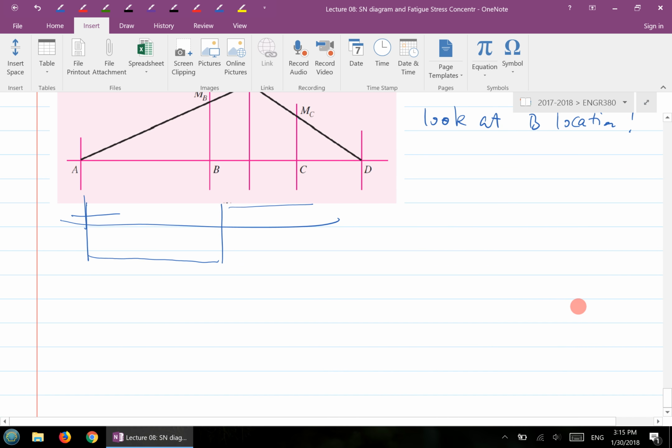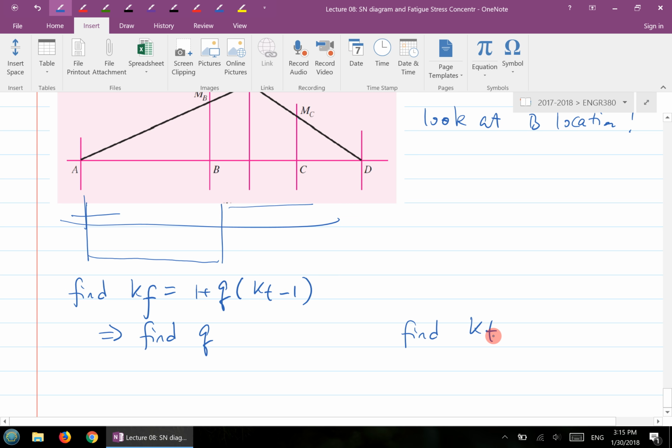First we can find the Kf. Kf is 1 plus q(Kt minus 1), because there is bending moment and no torque, so we're only looking at q, not q shear. Finding this formula means finding q and also Kt. You need to find these two here.